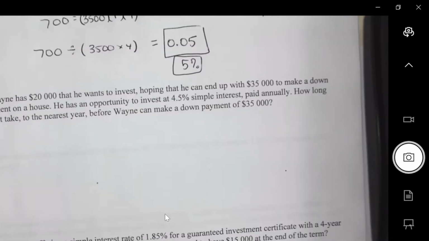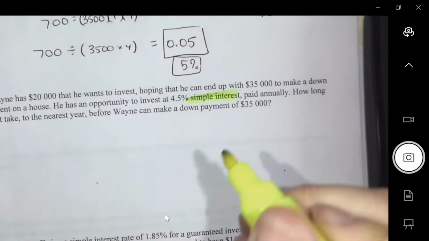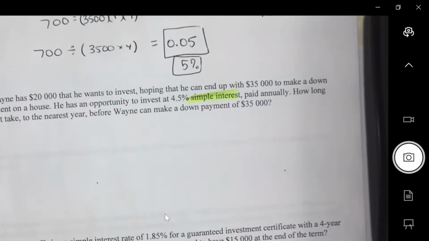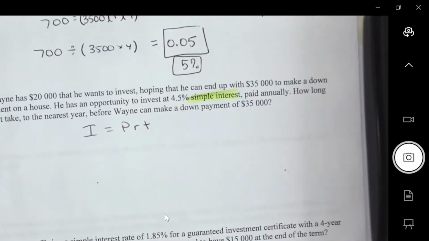Okay, next question. Reading it through: simple, compound, regular payment. Anything that gives it away on which strategy it is? Simple interest again. Okay, so I equals PRT. As soon as I know that strategy, that's where I go.